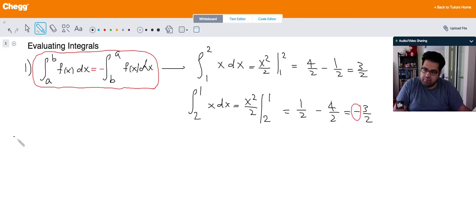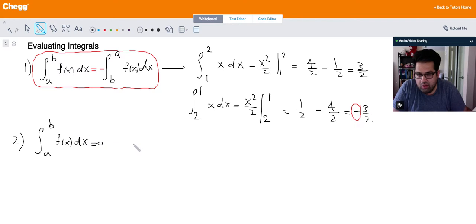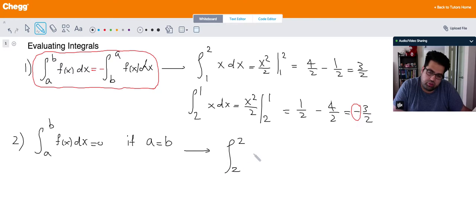The second useful property is that the integral from a to b of f of x dx is equal to 0 if a is equal to b. This is helpful if we have a case like the integral from 2 to 2 of sine x e to the x times x plus 5 dx.